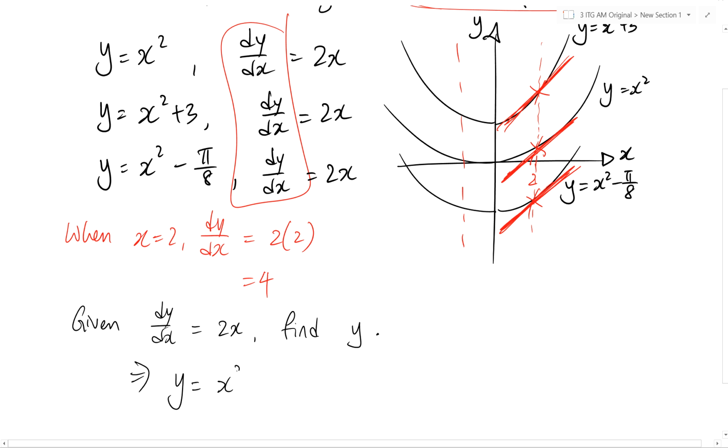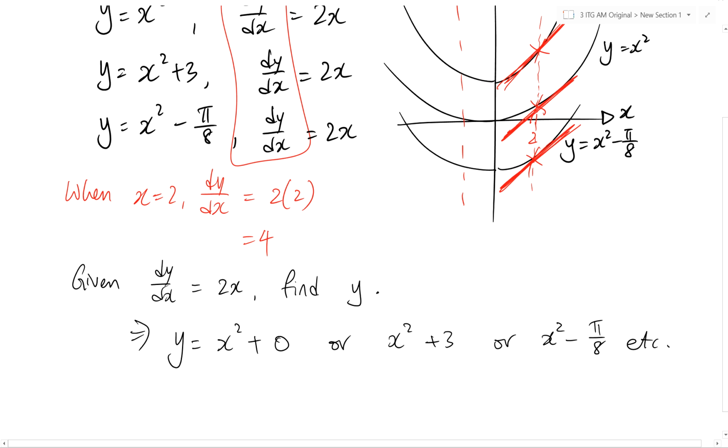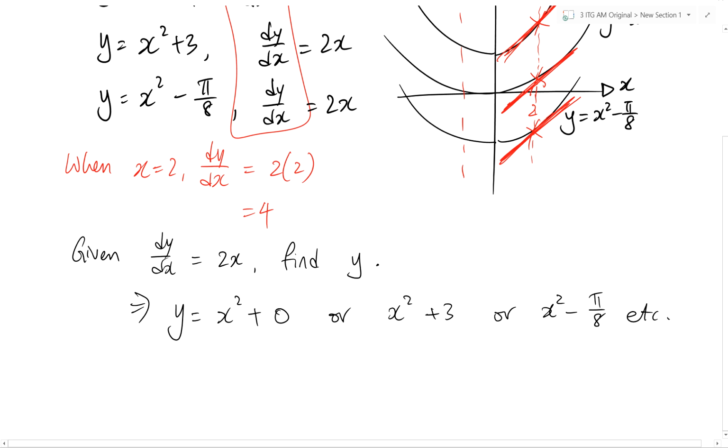It will be x squared plus 0, or x squared plus 3, or x squared minus pi over 8, etc. And the list goes on forever. We have an infinitely great number of possible expressions for y.